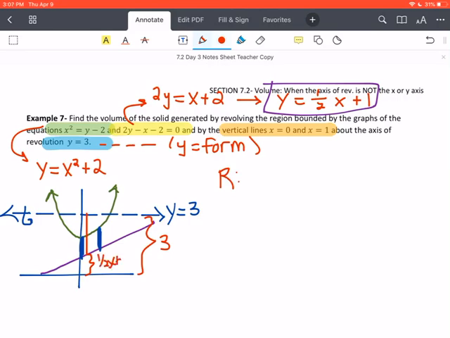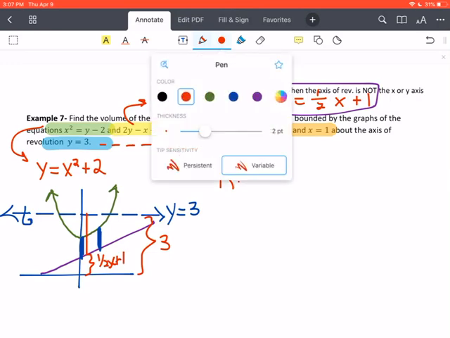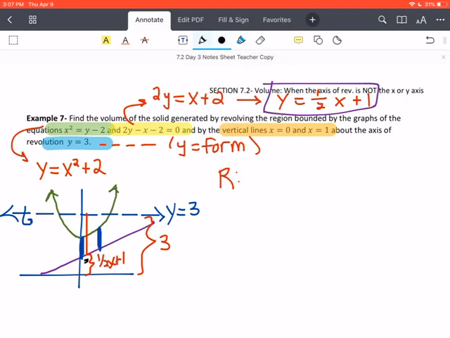So it's defined by a function. So what do I need to do? I need to eliminate this portion right here from 3. So I get 3 minus (1/2 x plus 1).